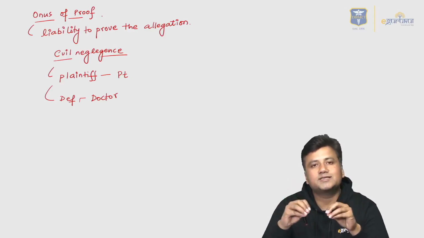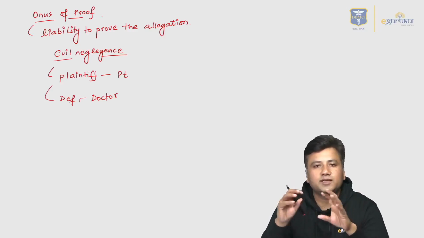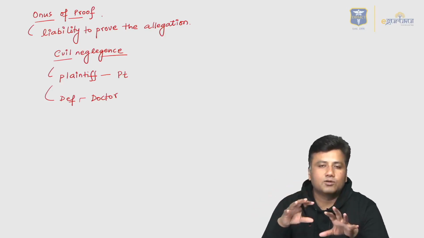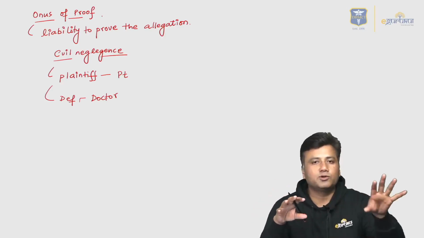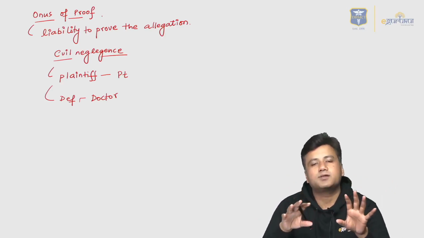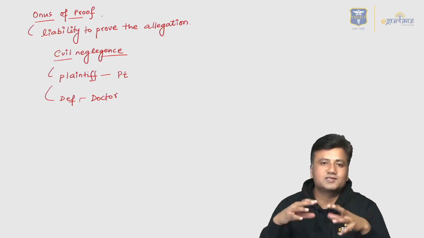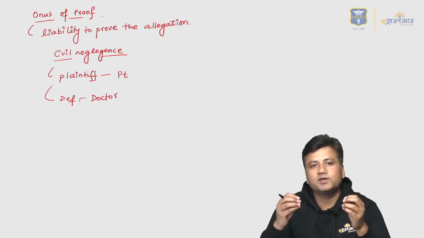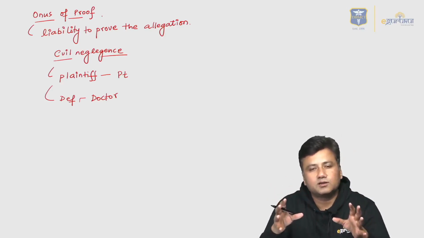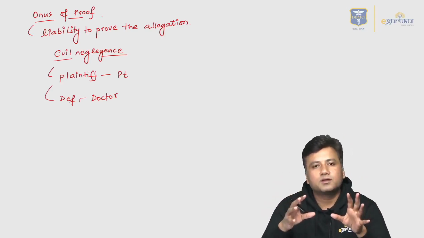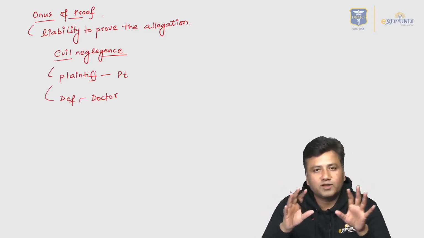If the patient succeeds in proving the negligence of the doctor, the court may allow a compensation to be given to him, the amount of which shall be decided by the court. If the patient does not succeed in proving the negligence, then the patient would not get anything. So, in this case, the doctor does not have to prove anything.